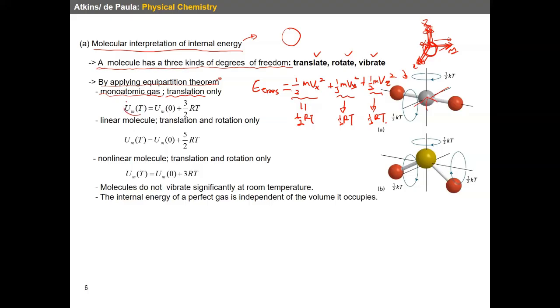The final internal energy at a certain temperature will be the initial energy plus this translational energy from the motion of the atoms, which is 3/2 RT.